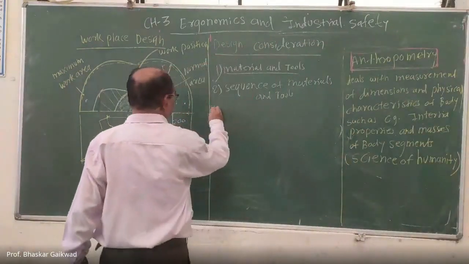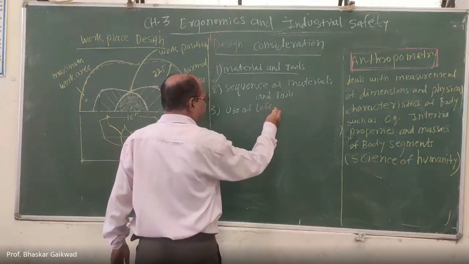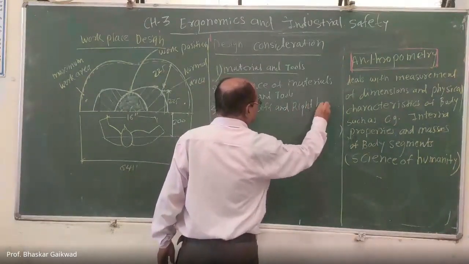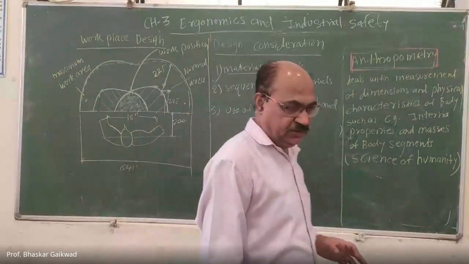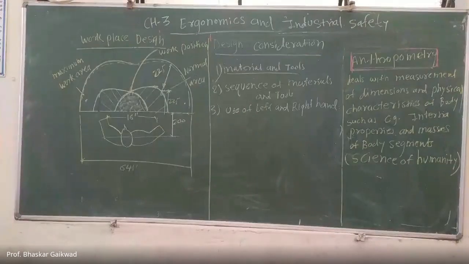So your third point is the use of left and right hand. Materials required for the left hand you can keep at that side, and those for the right hand at the right side. Suppose you decide the tool should be nearer to the right hand and the material nearer to the left hand. Accordingly, you can make use of the left or right hand.